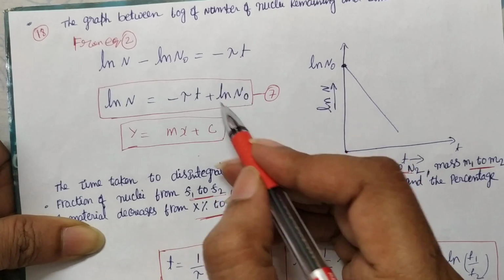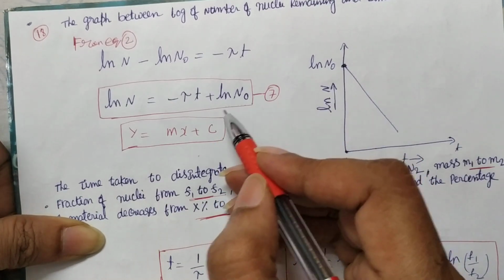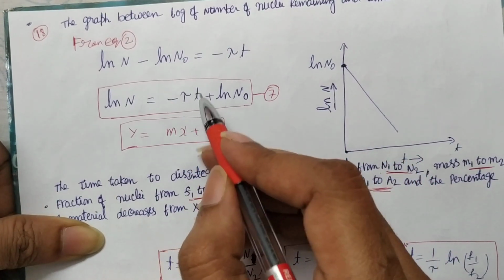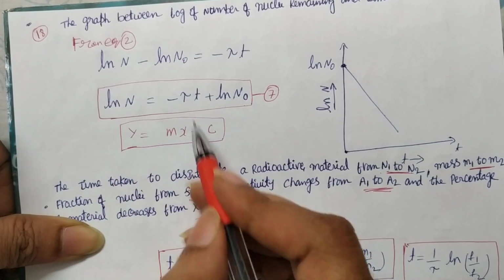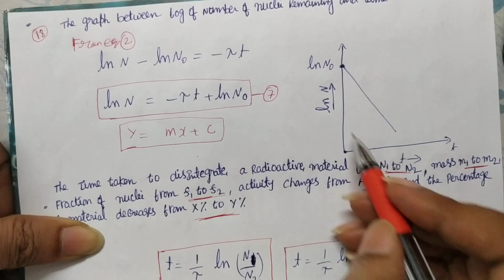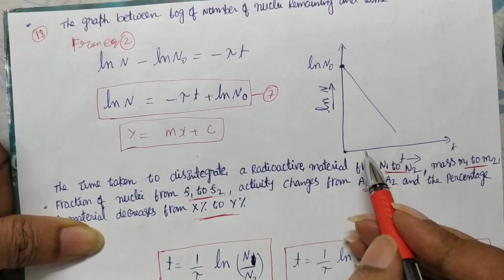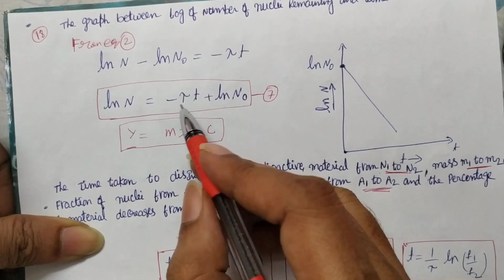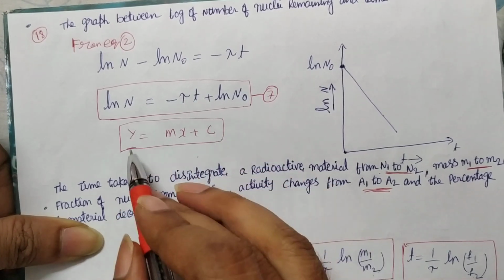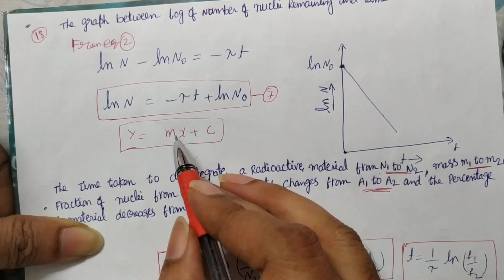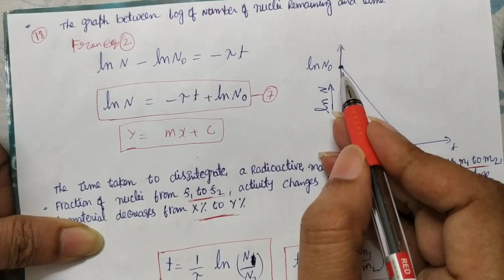Here, this is like the constant c, t is like x, and log N is like y, so y is equal to mx plus c. You can compare this equation, and if you draw a graph of log N on the y axis versus time, minus lambda is the slope of the line. So this equation represents a straight line with negative slope. That's why you get a line like this.